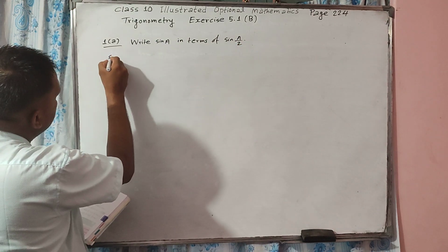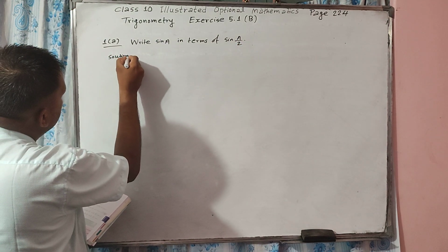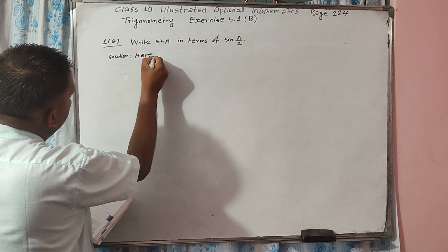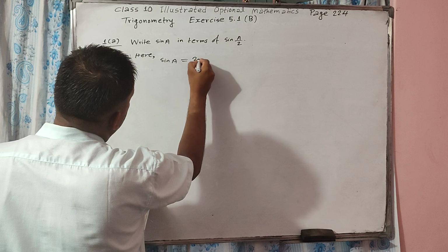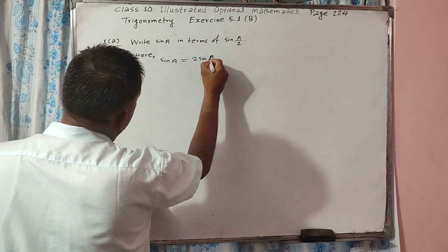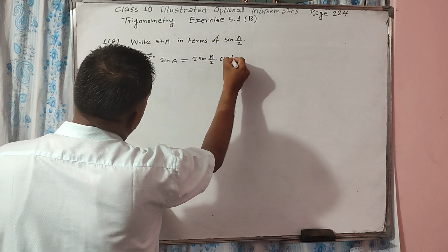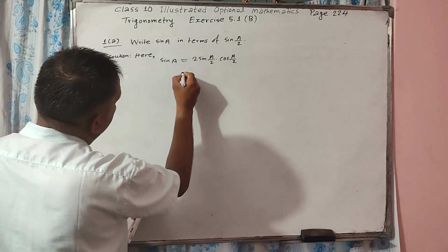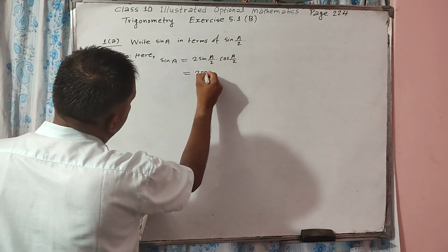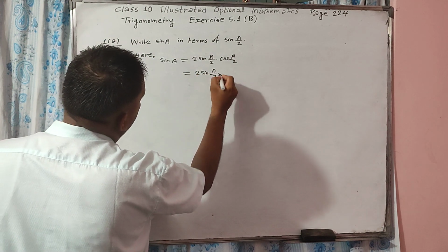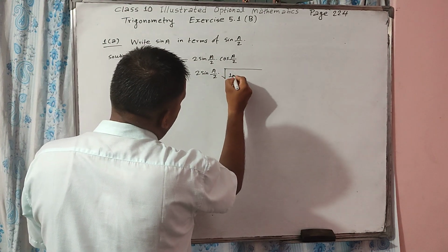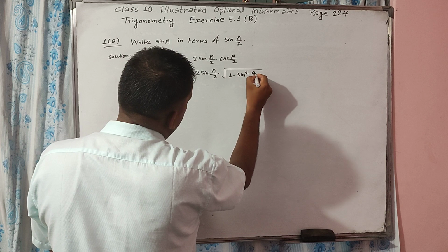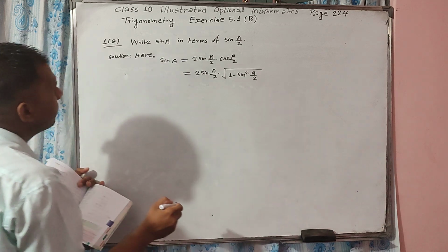Here, sin A equals 2 sin A by 2 dot cos A by 2, which equals 2 sin A by 2 times cos A by 2, that is, square root of 1 minus sin square A by 2.